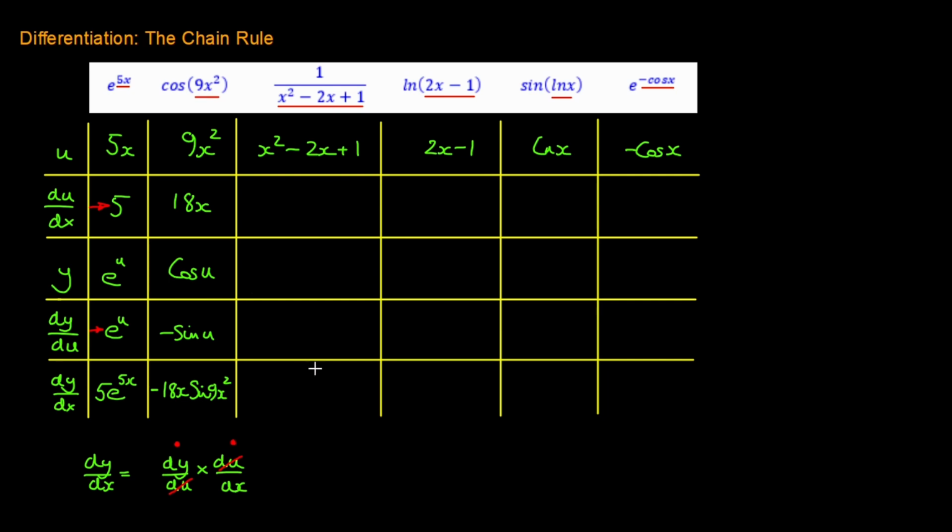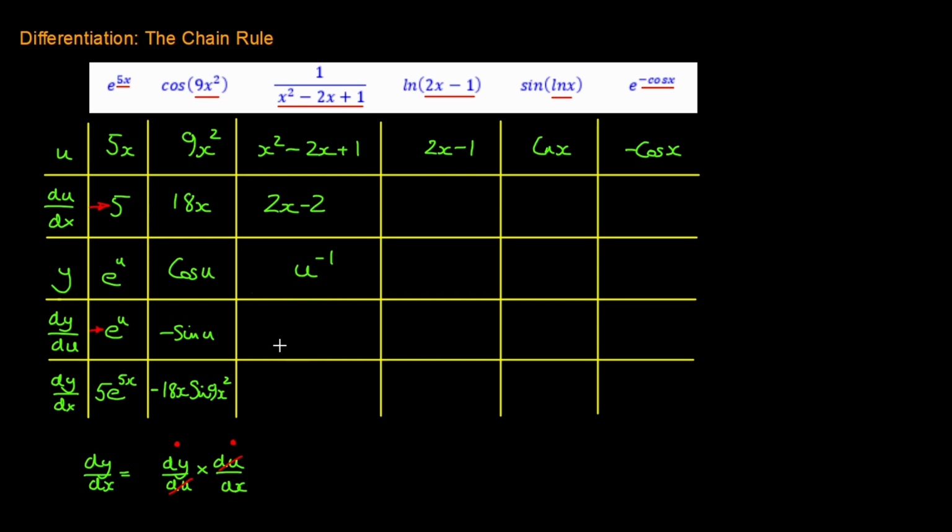Okay, let's have a look at the third column. First of all, as always, let's differentiate our inner function, and we get 2x minus 2. So now let's write down y in terms of u. This will be u to the minus 1. I've put that as a negative power because it's much easier to differentiate rather than 1 over u, which is what we would have got just by a straight replacement of the expression in x with u.